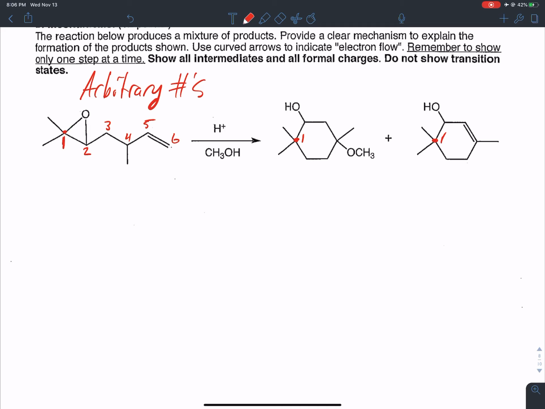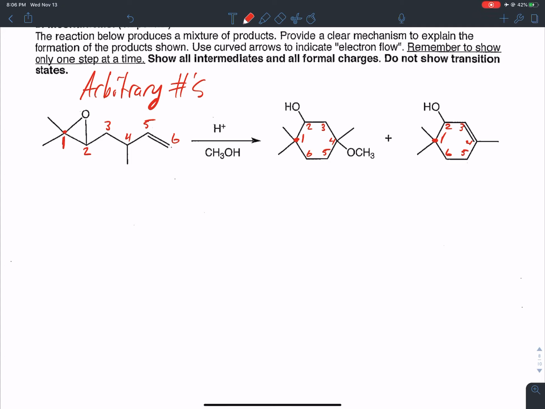So is this carbon 2 or is this carbon 2? Top or bottom? The top, right. The top is going to be the one that used to hold the epoxide. So we need to make sure to number that direction. So let's go ahead and number these 2, 3, 4, 5, 6. 1, 2, 3, 4, 5, 6. That's immensely helpful because now we can keep track of every carbon.